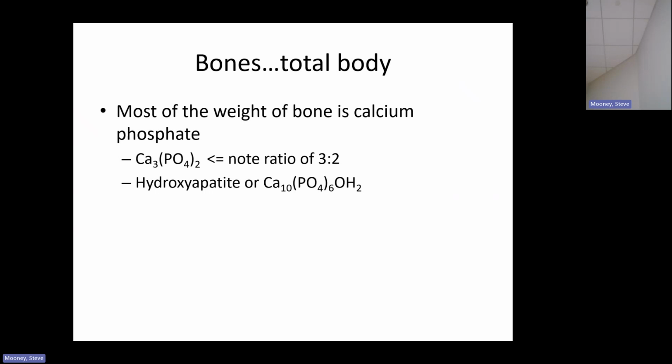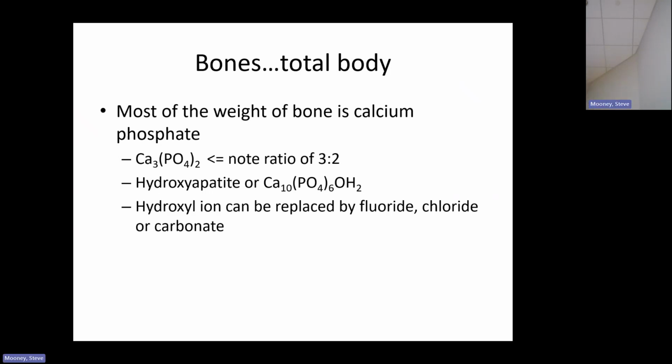So calcium, 10 of those. The phosphate groups, you're going to have 6 of those. And we've got a couple of hydroxides attached as well. We can also replace those hydroxyl ions on the end with either a fluoride, a chloride, or a carbonate.